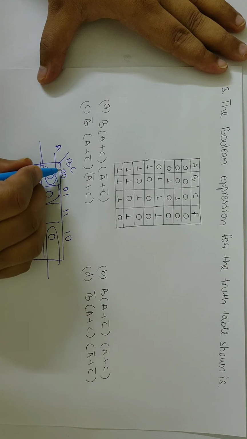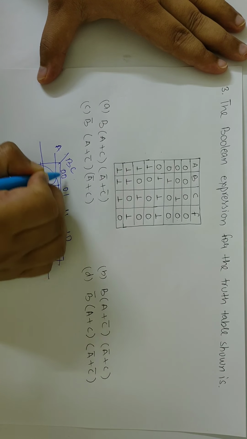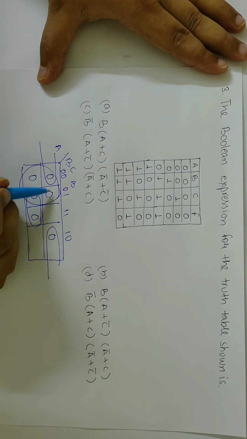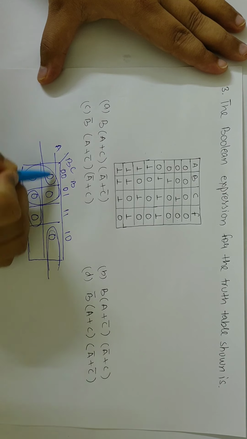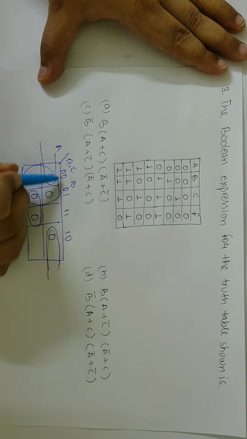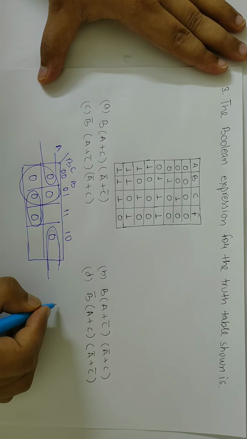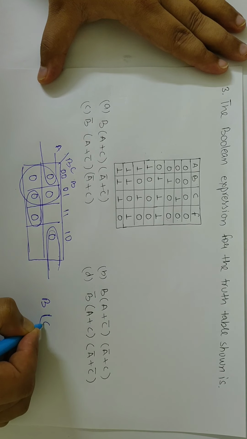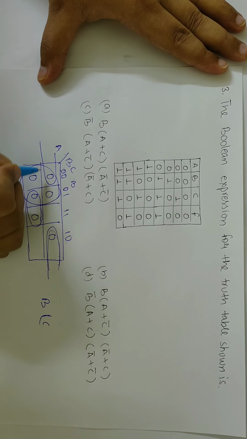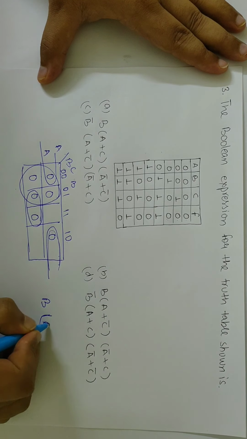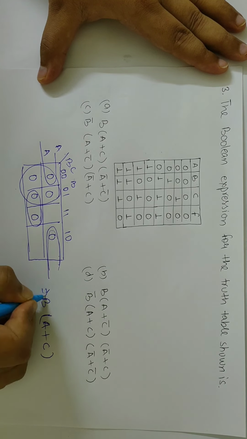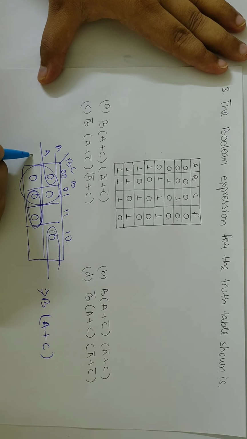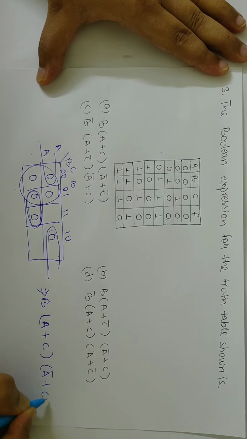So this is like B, because in POS form 0 is represented by B, and this one will be C, B bracket C, and this is A plus C, and the last one is C bar, and here A bar plus C bar.